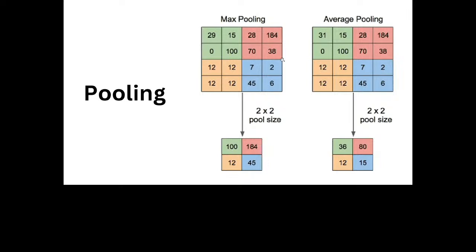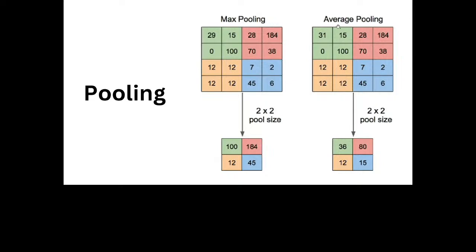And from the top right four cells, you can see that 184 is the largest value. And from the left bottom, since all the numbers are the same, we are going to just take the 12 and put it in the feature map after applying the pooling operation. And lastly, we have got 45. So we can see that we reduced the dimension from 4x4 to 2x2. So this is also decreasing the computation for our model.